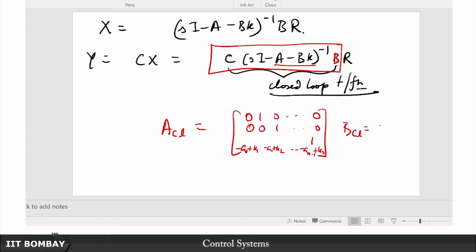Your B closed loop is going to be the same as your B, which is nothing but 0 0 0 0 1 like this, and your C matrix is again going to be the same as your C open loop. It is going to be the same C1, C2, dot dot dot till Cn, which is nothing but the original C matrix that you started off with. Now you notice what the zero structure is affected by.